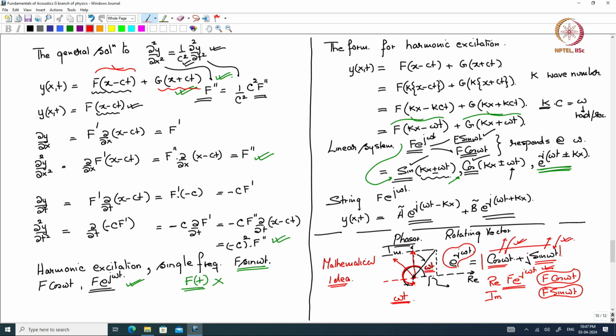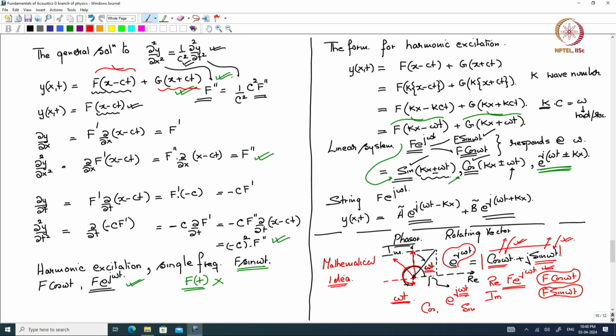Okay. So, a vibrating particle or a vibrating point will have a phasor e to the power j omega t, which is composed of cosine or sine as I choose later. Okay.